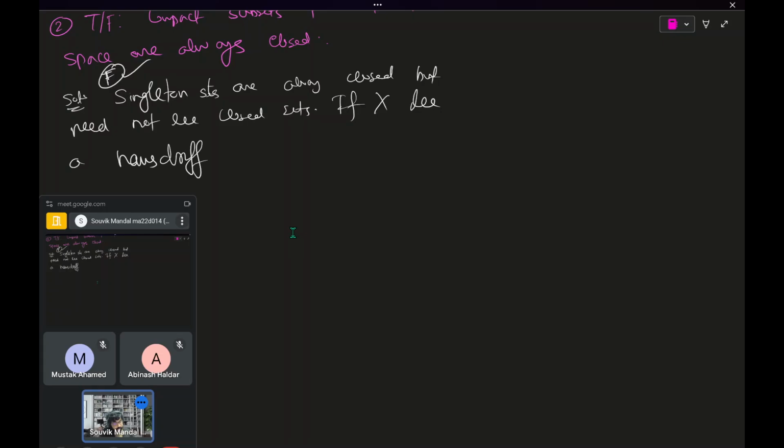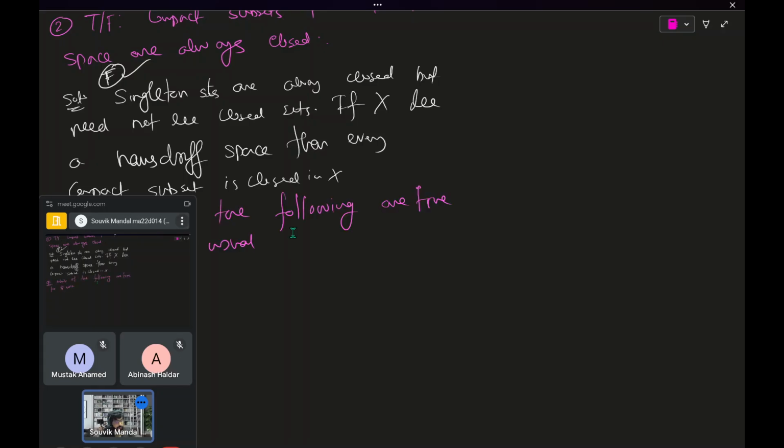Now, question three. There is nothing really to explain, that's why I simply gave the marks. Which of the following are true for Q with the usual topology?